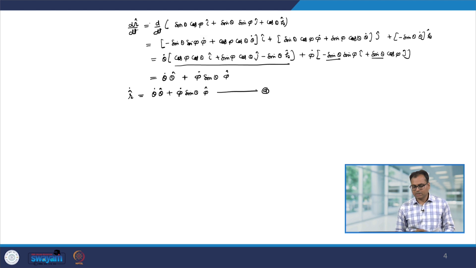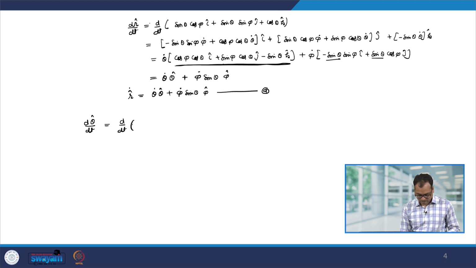Let us call it equation number A, and let us now calculate what is d theta cap over dt. So, this will be d over dt of theta cap, and this is the theta cap.